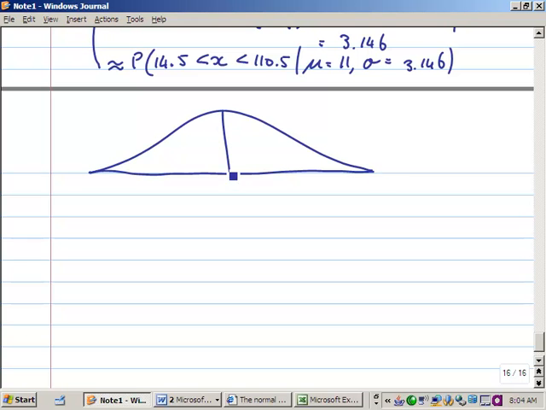Diagram: mean of 11 going from 14.5 through 110.5. Again, it's the area on one side of the mean.